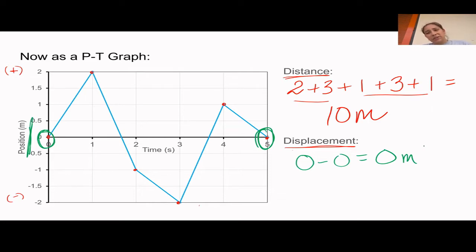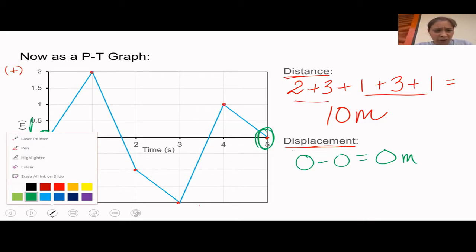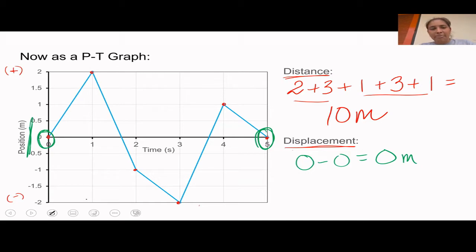The other way to do it, which is a little bit more complicated, but honestly, some people prefer it because they can see step by step how you get back to that 0 mark, which is, we're going to use our directions this time. So we're going to look at each separate displacement. So when we went from start to 1 second, we went a +2 meters.